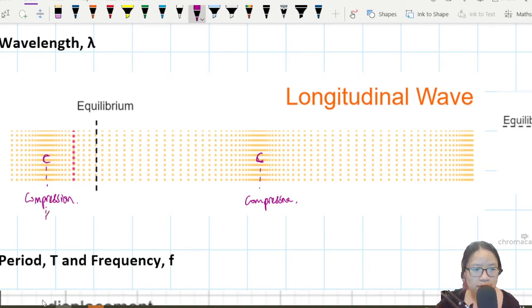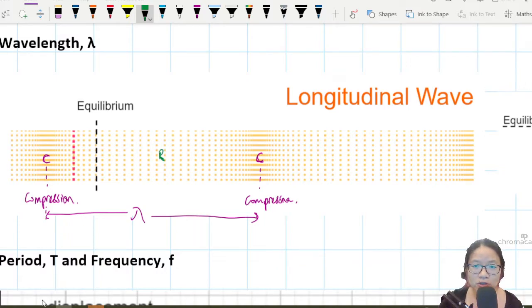So we can take this distance all the way to here. This will be our lambda. Of course, you could also take rarefaction to rarefaction. So roughly in the middle of where the particles are far apart to roughly in the middle where the particles are far apart, this can also be a wavelength. Of course, you will notice that this is merely an estimate unless you really measure and make sure you're taking the midpoint. So these are wavelengths.